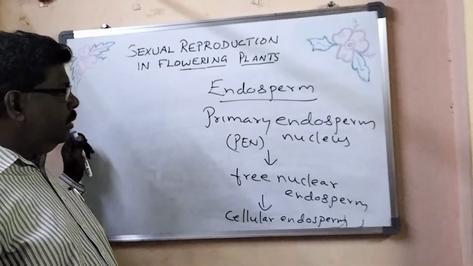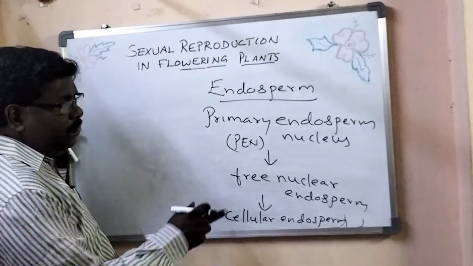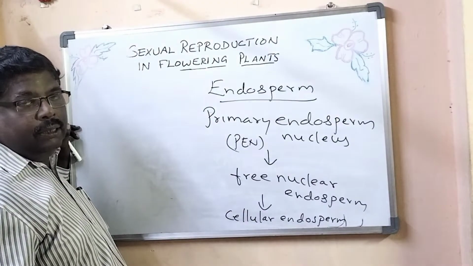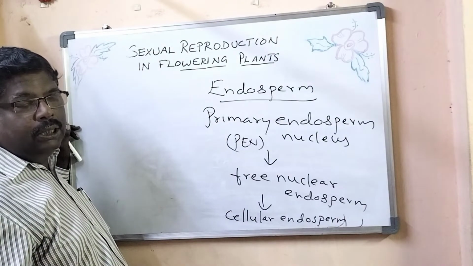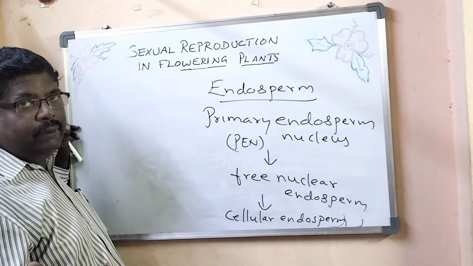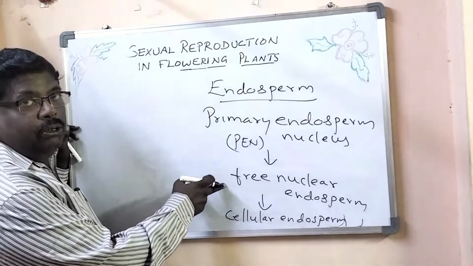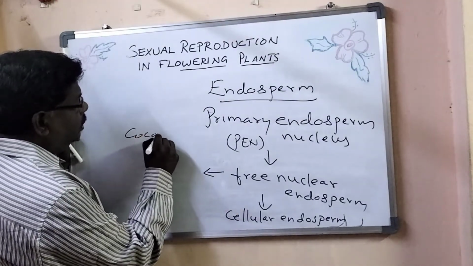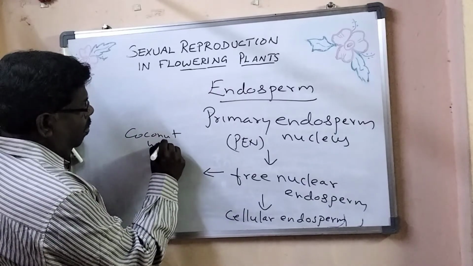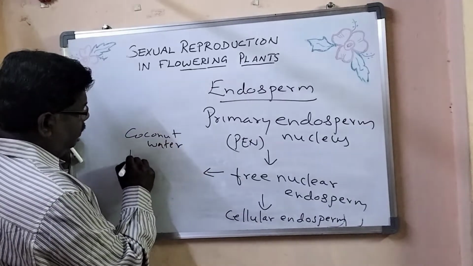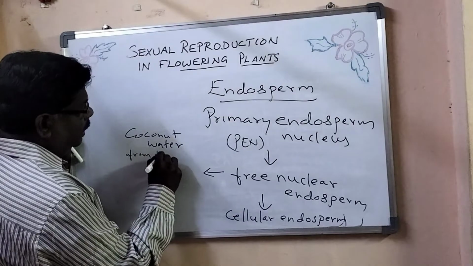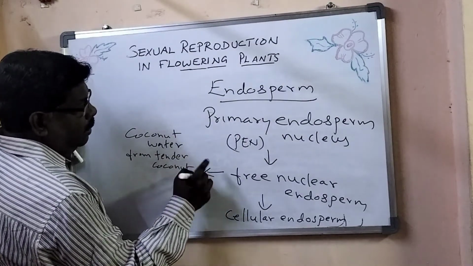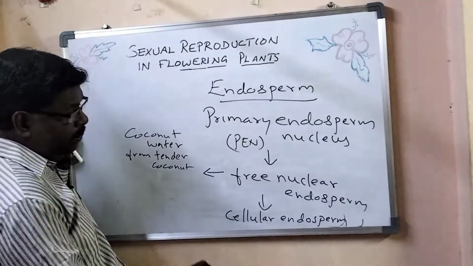Right. Now I'll give example for this free nuclear endosperm. For free nuclear endosperm, that coconut water that you take from a tender coconut, that's nothing but free nuclear endosperm. So coconut water from tender coconut, that's an example for free nuclear endosperm.